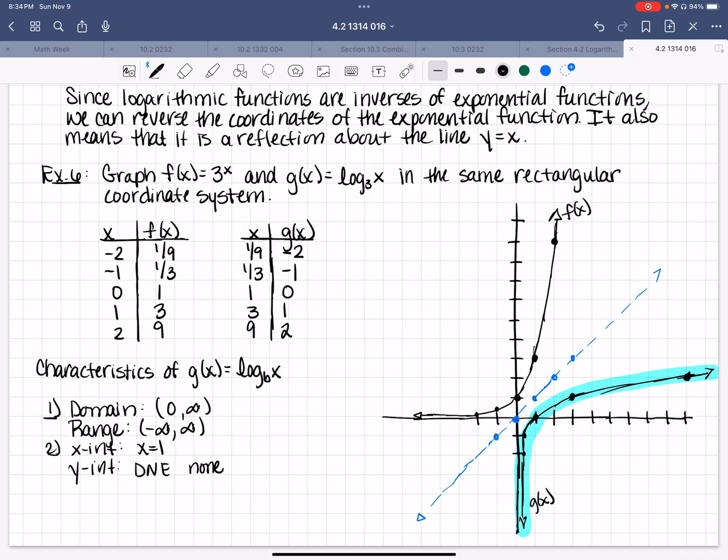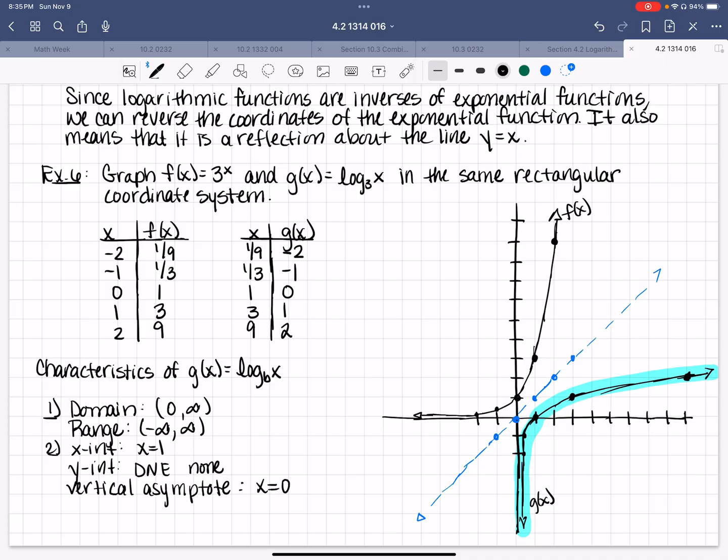Also, I would like to point out here, we're going to have a vertical asymptote at x equals 0, or at that y-axis.